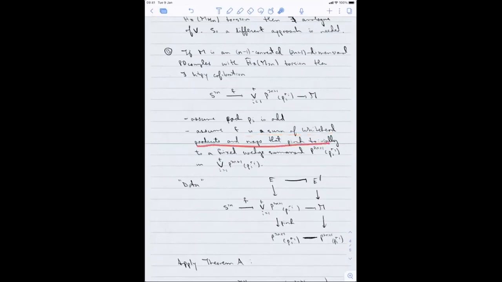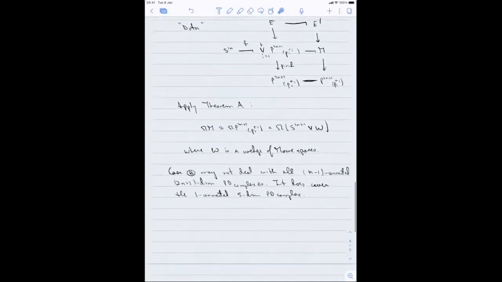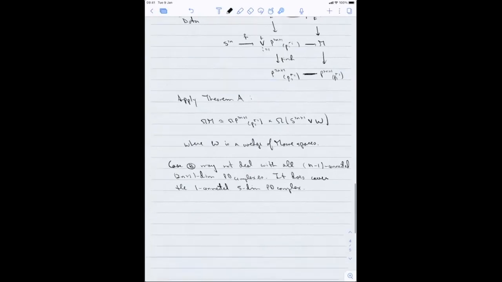It's a sum of Whitehead products and maps that pinch trivially to one of the fixed Moore space wedge summands. So, but this does leave some cases unaddressed.